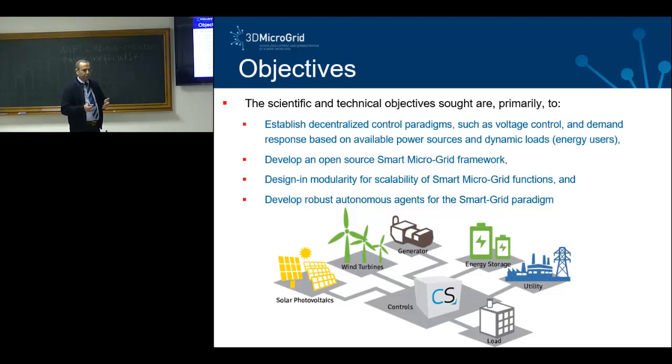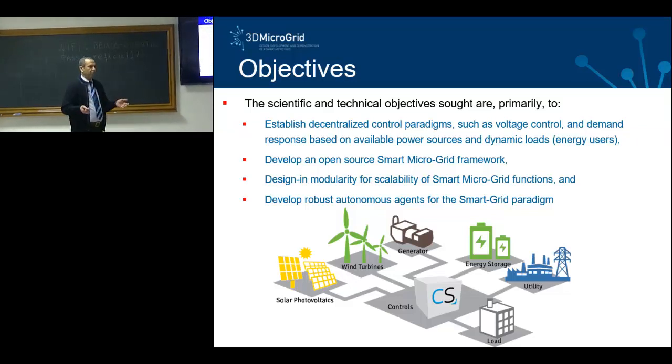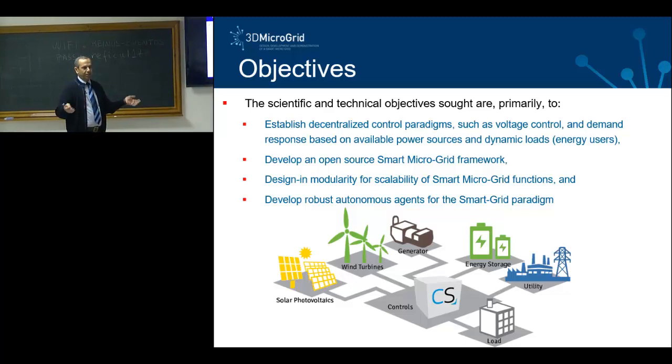And of course, you have to be connected to the grid, because there are times you have excess power, and not all of it is put in the storage, and storage is very expensive to install on site. So you can send it to the grid, and sometimes if you have a shortage of power because there is no wind, or maybe the sky is cloudy, so you don't get much power, you get power from the utility.